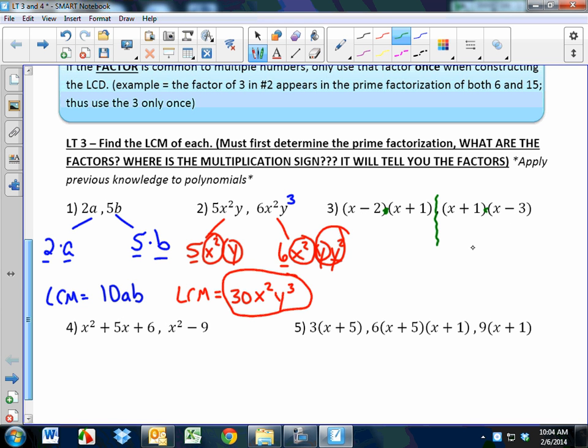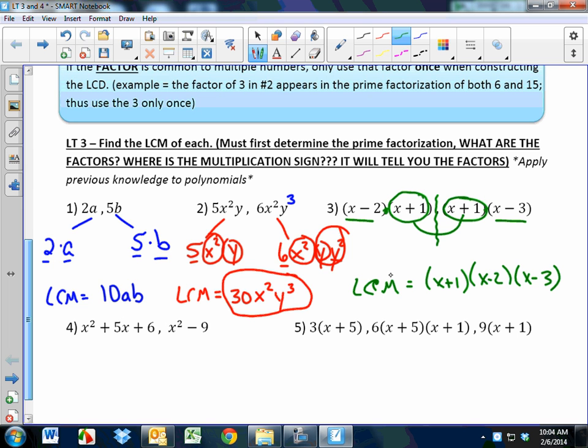So what factor do these share? They share an x plus 1. They don't share the x minus 2 and don't share the x minus 3. So when you're writing the least common multiple, you use that shared x plus 1 once, but you still have to use the leftover x minus 2 and x minus 3.